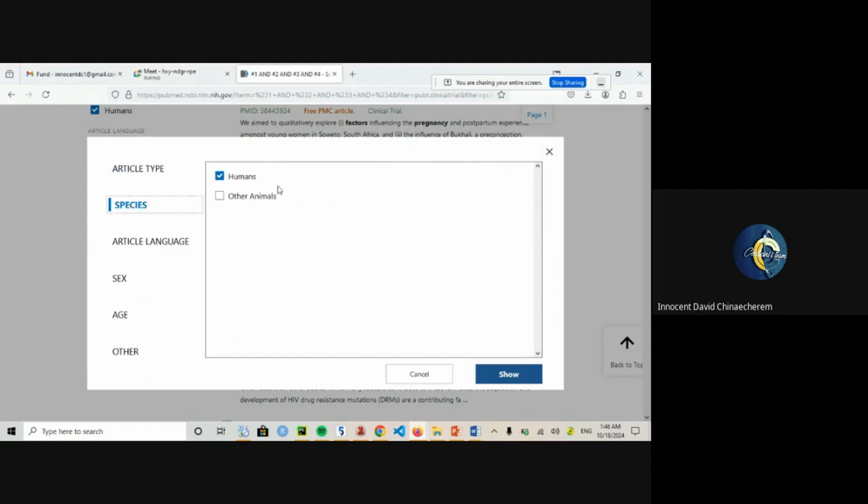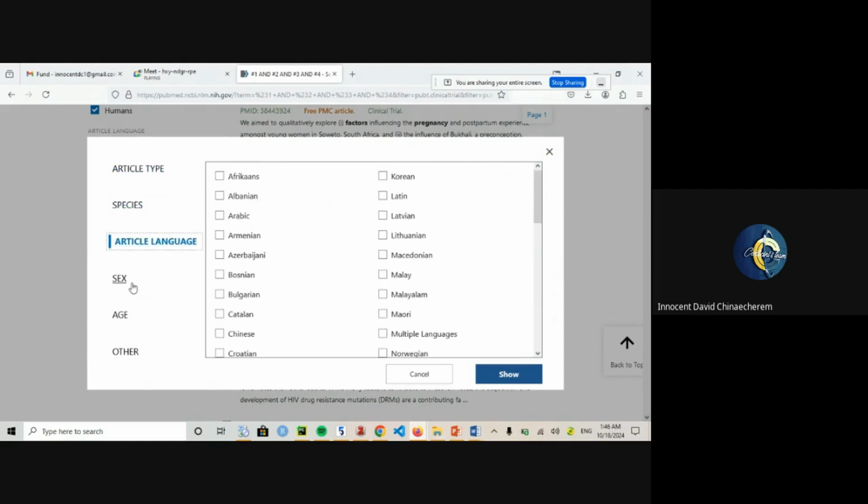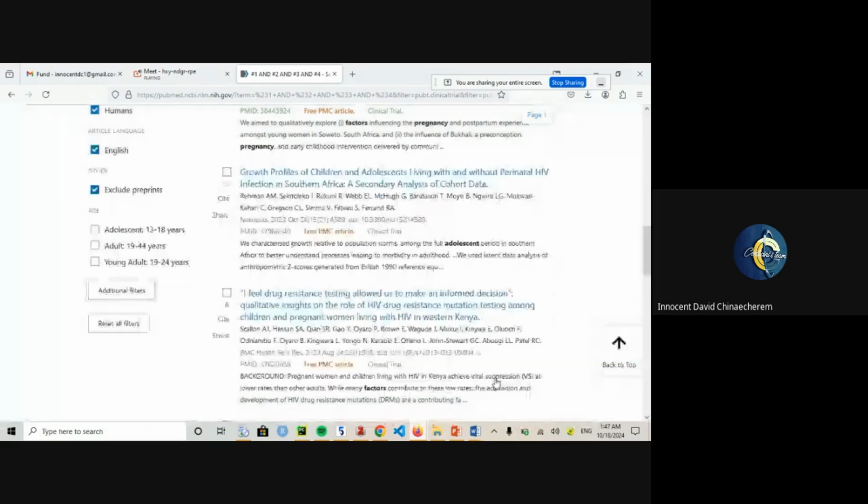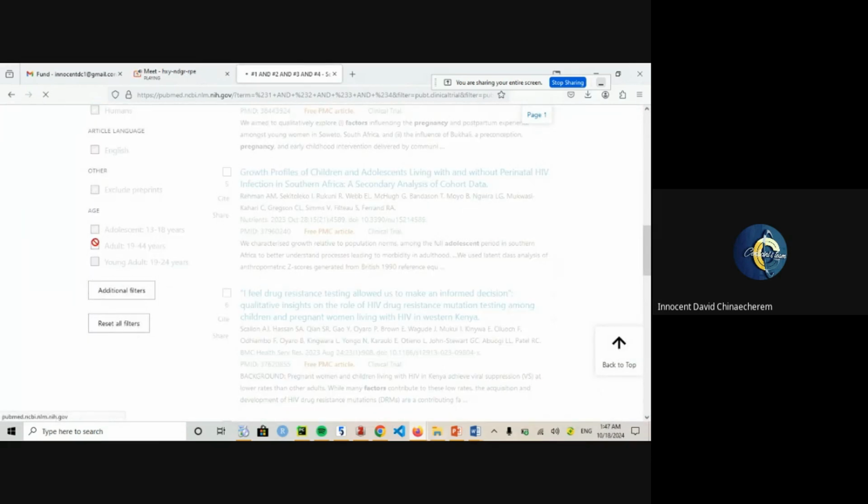Maybe it could be based on species, maybe on language, we chose English already, on sex, it could be based on age. Are we interested in adults or this? But in this situation, we're mostly interested in adolescents. So let's check that box for adolescents, and also check this box for young adults, and also check this box, right?